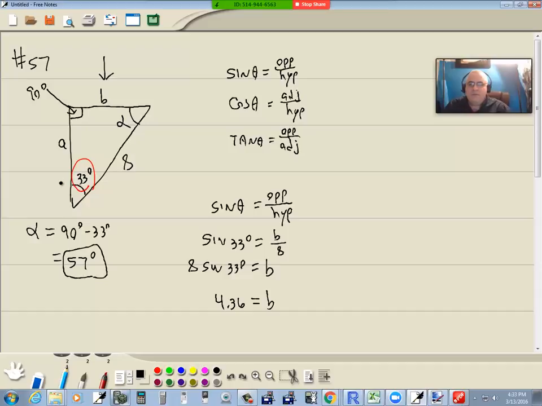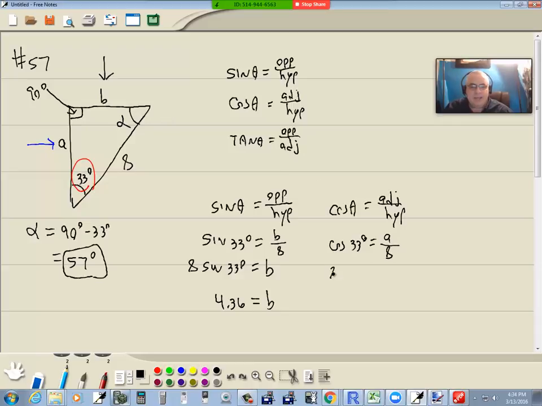Now if I wanted to find this other side, this side right here, in terms of the angle I circled, the 33 degrees, this is the adjacent side. So we're going to be working with adjacent and hypotenuse. So this would be cosine theta is equal to adjacent over hypotenuse. So we'll have cosine of 33 degrees, adjacent is A, over hypotenuse, which is still 8.